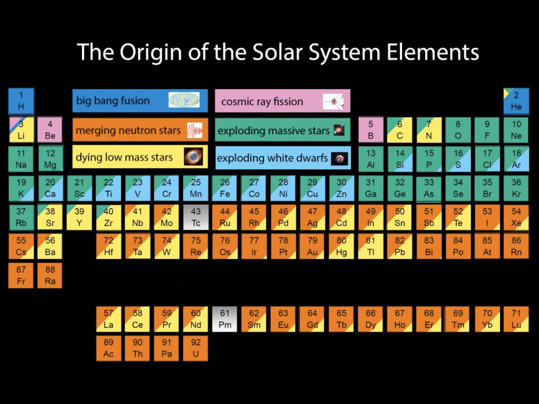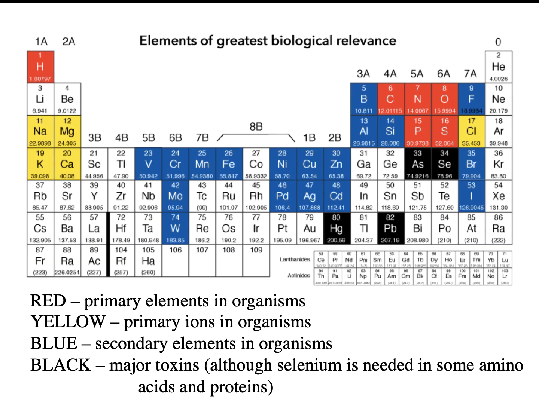But then you have merging neutron stars, dying low mass stars, fusion, exploding massive stars, exploding white dwarfs, and you get the other boron, carbon, nitrogen, oxygen, fluorine, a lot of the elements that are absolutely necessary for life on Earth. And specifically, here is the periodic table showing the elements that are used in biological systems, including hydrogen, carbon, nitrogen, oxygen, phosphorus, and sulfur, which are the primary elements of organisms.